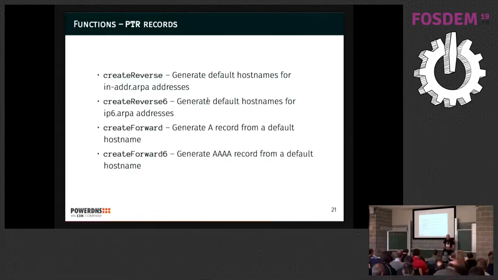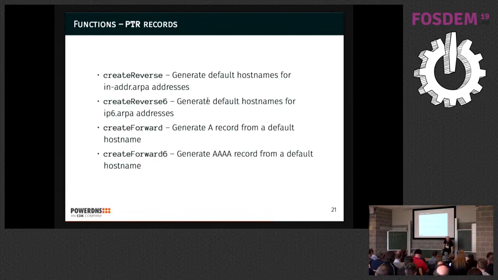And there's also the bulk RR draft, which is something where you put a kind of template in your zone, and then it will generate the name for you. We have done this within Lua. We have a couple of functions where you can generate default host names for IPv4, IPv6 addresses, and the other way around. You can do a wildcard record for a create forward.